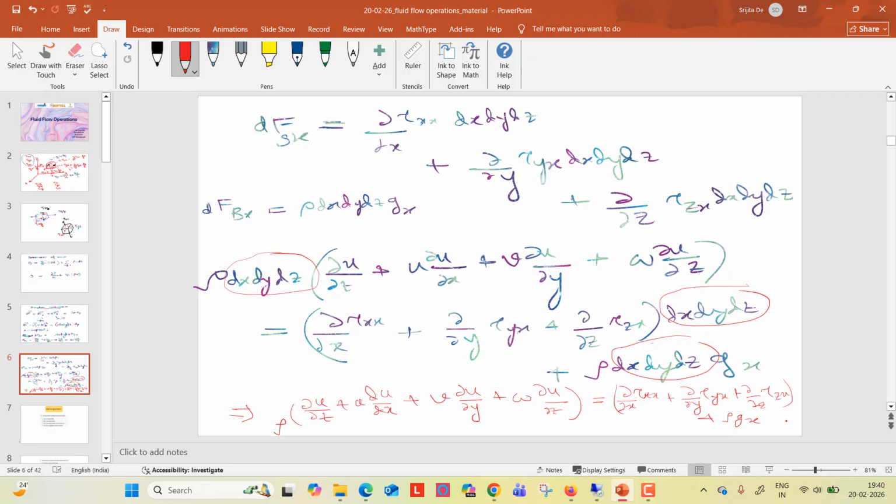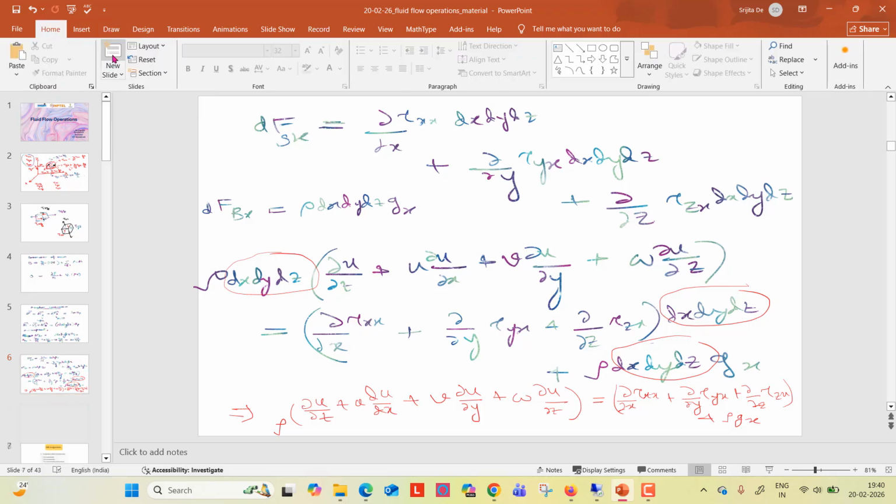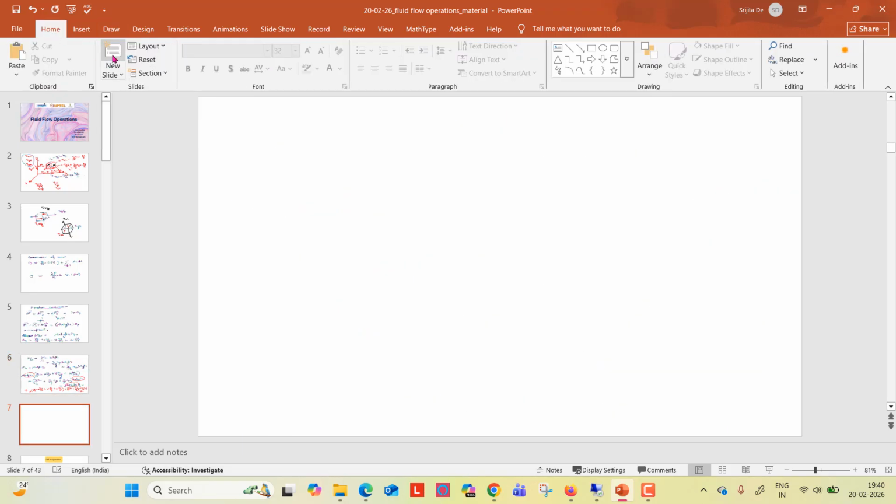Now similarly, if we do the y and z direction, I am not doing it explicitly. You can do it on your own, for your practice, and you should do it because every line of this Navier-Stokes equation derivation is important, because the question may come from anywhere, or if you want to learn more, or go deeper into the fluid dynamics field.